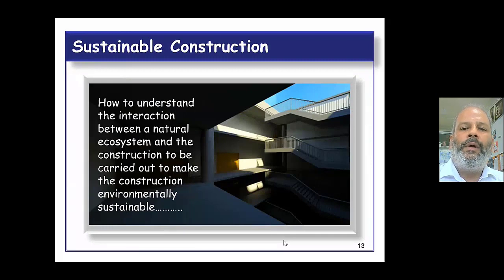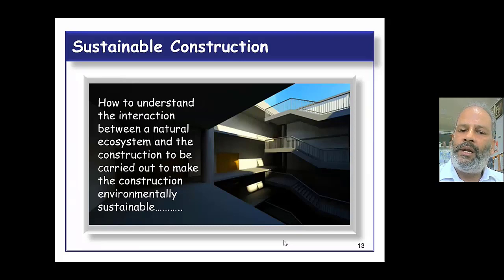Another thing that is being given much significance nowadays is sustainable construction. We cannot think about sustainability without considering surrounding. Therefore, to make construction sustainable, to make its life cycle sustainable, we need to model surrounding.